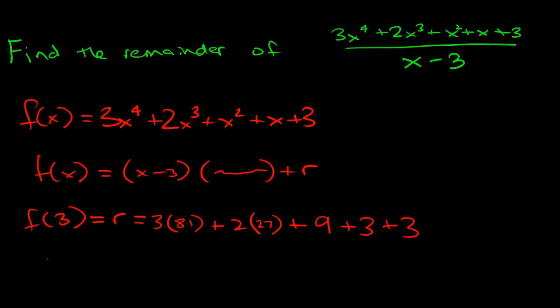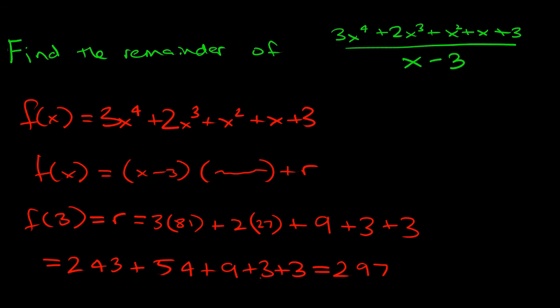This becomes 3 times 81, that's just 243, plus 2 times 27, that's just 54, plus 9, plus 3, plus 3, and this is equal to 243 plus 54 is 297, and 9 plus 3 plus 3 is just 9 plus 6, which is 15. So 297 plus 15 is equal to 312. So r is equal to 312.